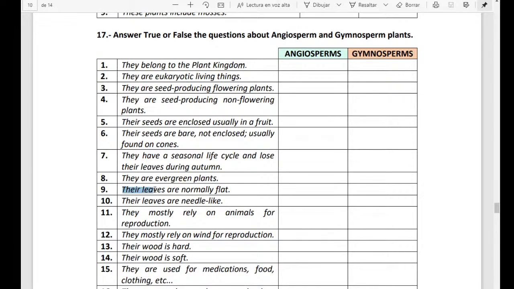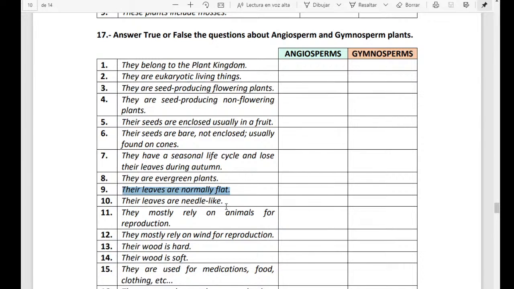Now, the leaves are normally flat. Think about the leaf of a pine tree, and now think about the leaf of an orange tree. The leaf that belongs to an orange tree is normally flat. So in this case, angiosperms.